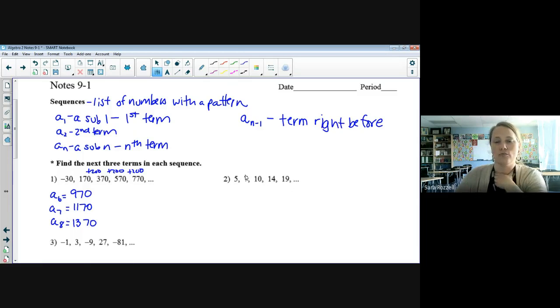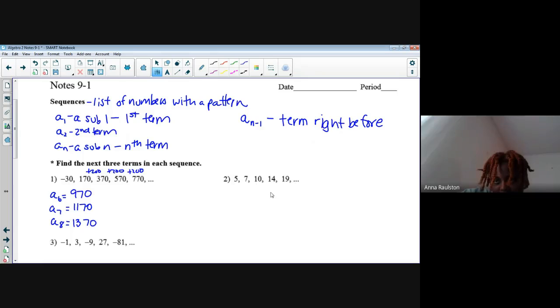Anybody think they know what the next number is going to be in the sequence for number 2? Anyone see a pattern there? It gains a number each time.